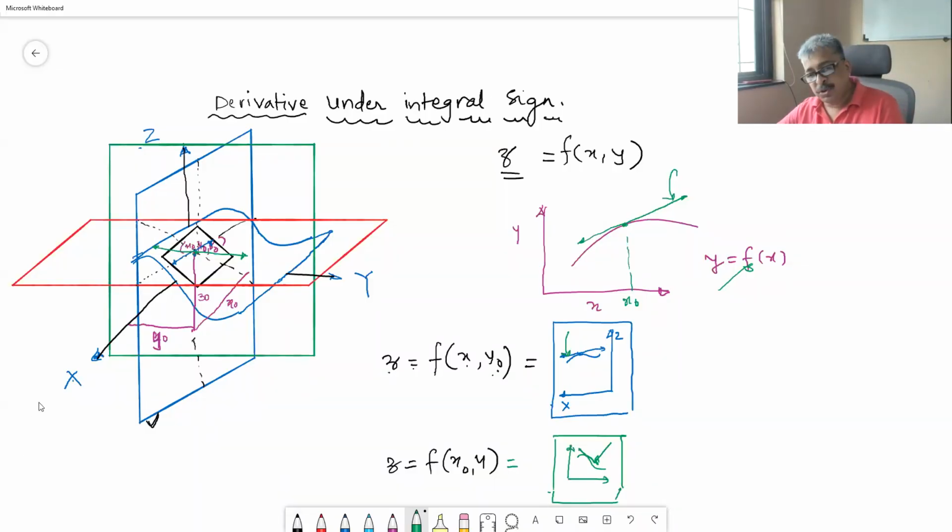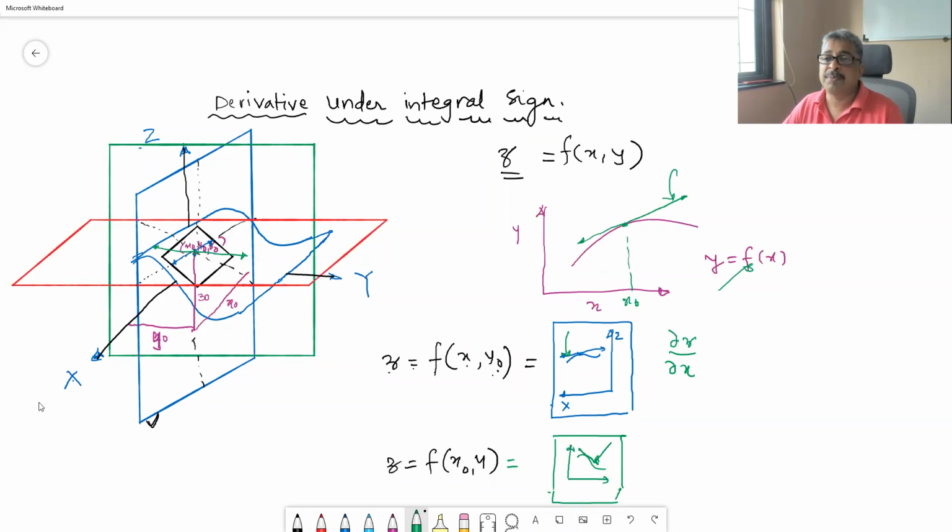And therefore, if I want to study tangent in this case, of course, my y naught is going to be constant, and therefore the slope of tangent in this case I will represent not by capital d z by d x, but small del z by del x.